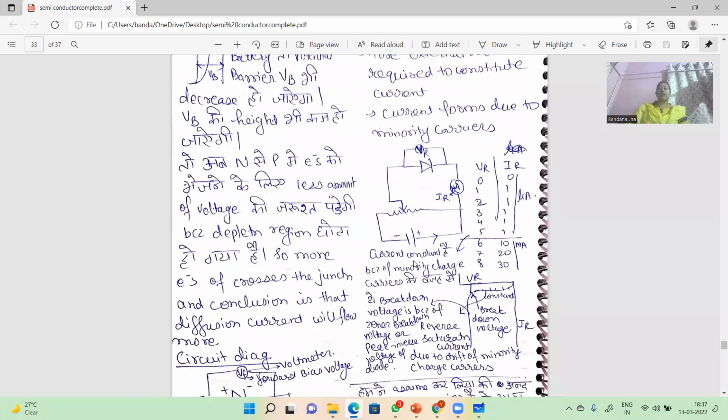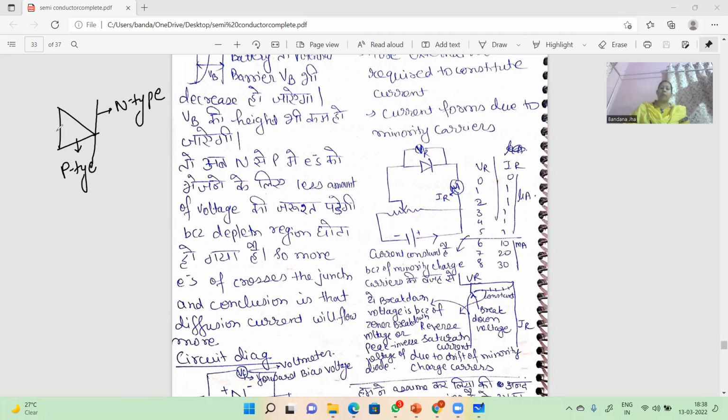And this thing I have not taught you. See, if you make a diagram, P type is denoted by what? A triangle. This is the symbol of P type, and one line is denoted for N type.